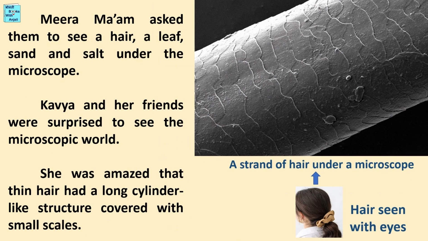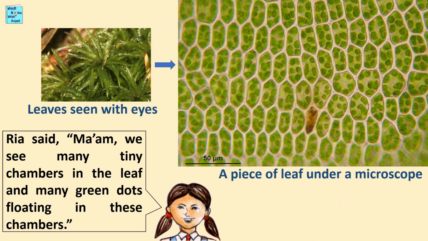Meera ma'am asked them to see a hair, a leaf, sand and salt under the microscope. Kavya and her friends were surprised to see the microscopic world. She was amazed that thin hair had a long cylinder-like structure covered with small scales. Riya said, Ma'am, we see many tiny chambers in the leaf and many green dots floating in these chambers.